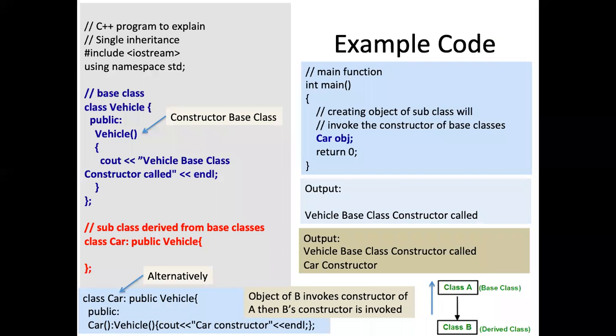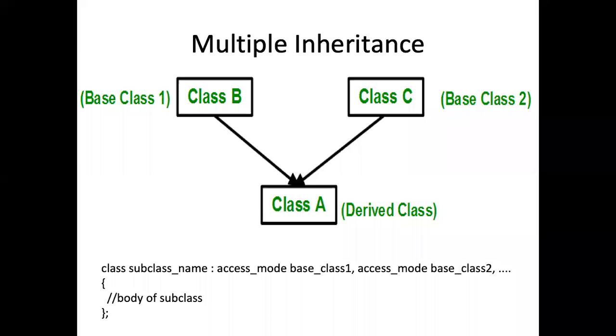The next thing that is also very important, and has practical implications when you're writing code, is the concept of multiple inheritance. So what is multiple inheritance? As is clear from the figure shown on this slide, multiple inheritance is a case when you have more than one base class for a given derived class.